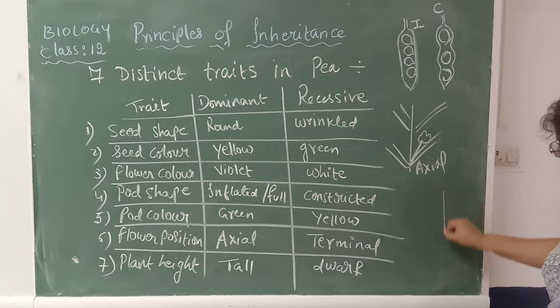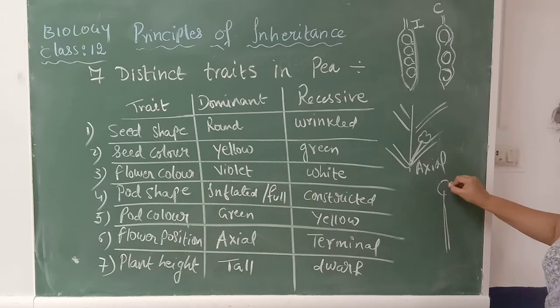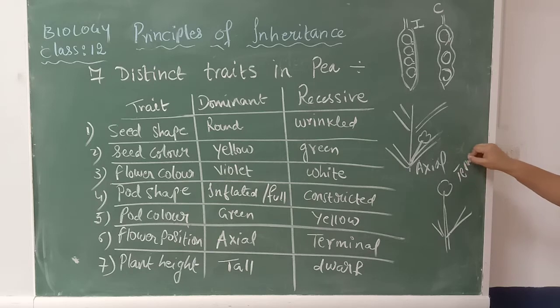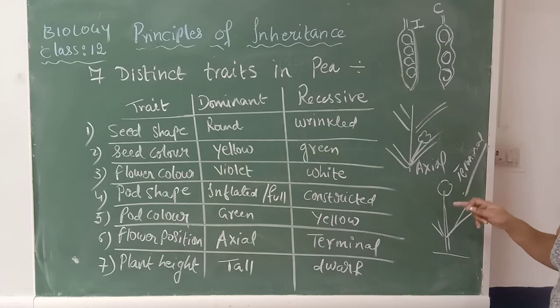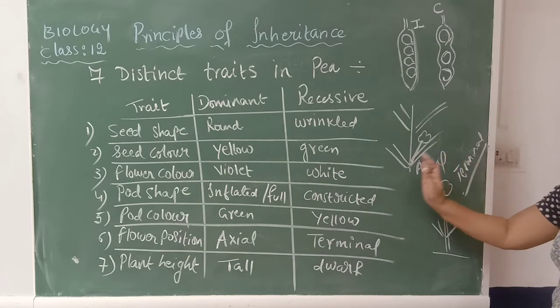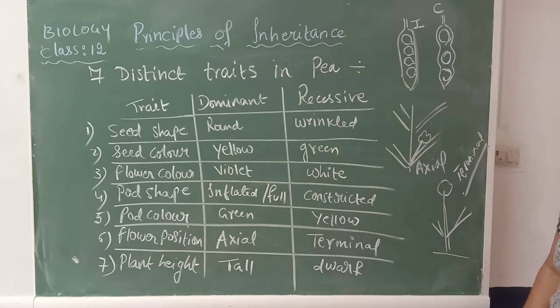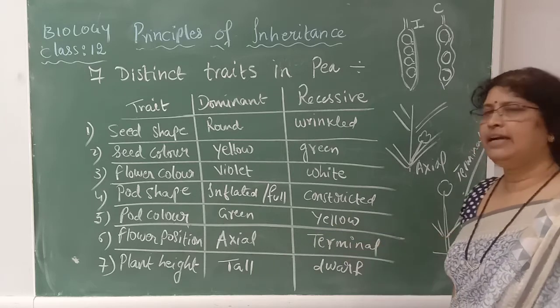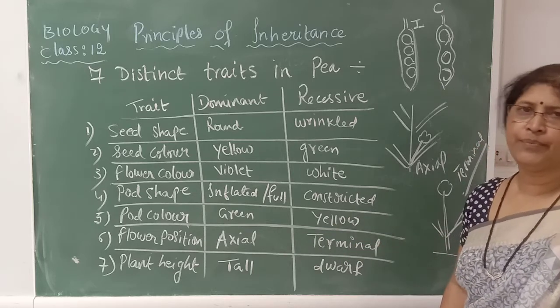And if the flower is borne at the tip of the branch, then it is called the terminal position. I hope it is clear, children. If the flower is borne at the tip of the branch or tip of the stem, we call it the terminal position. And if it arises at any part in the branch or a node, we call it the axial position. So axial is the dominant character and terminal is the recessive allele.